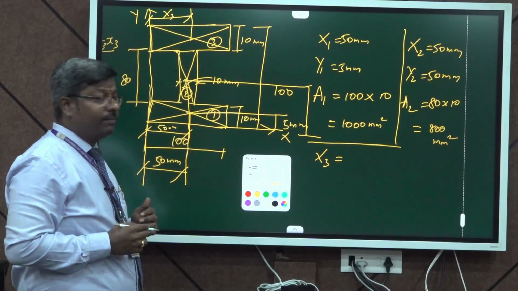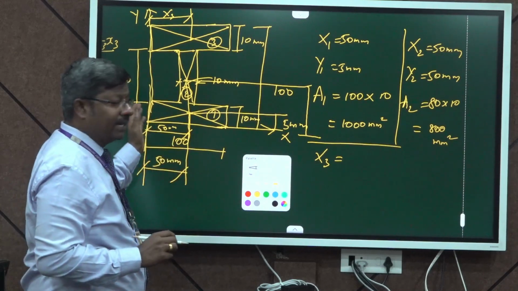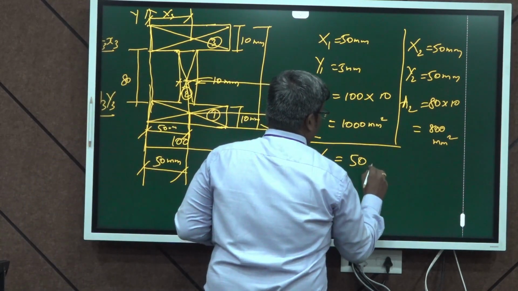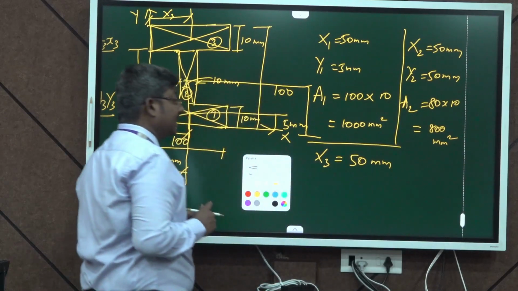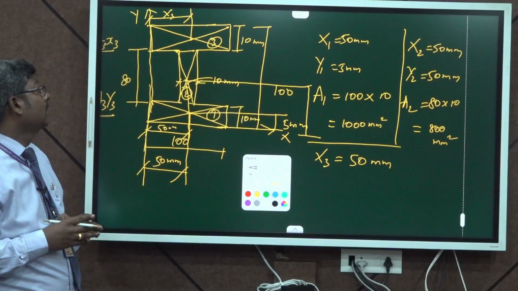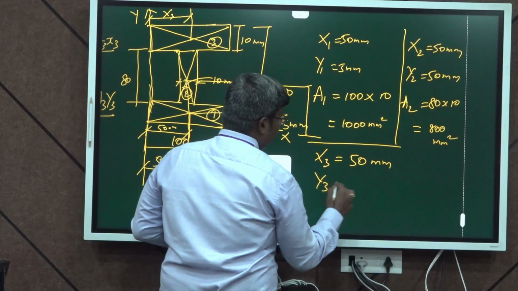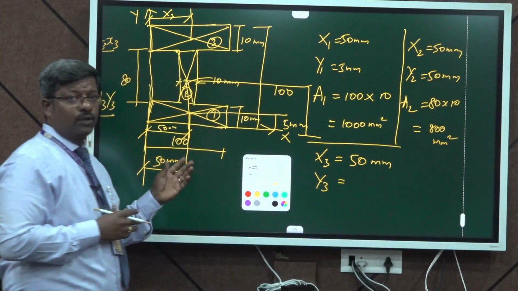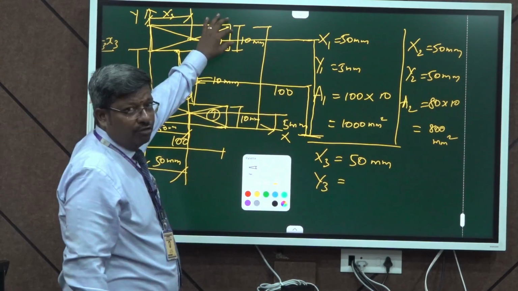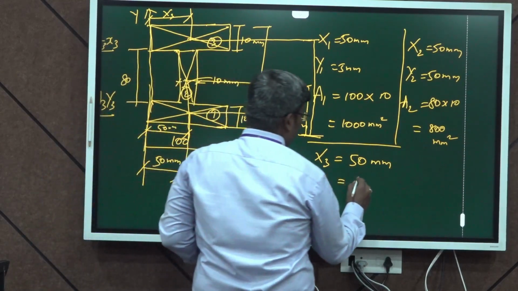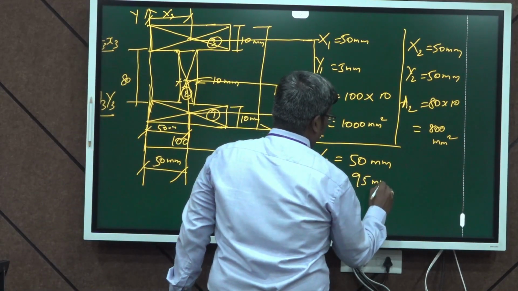The x3 value will be 100 divided by 2, that is the exact half of the value. So, x3 is 50 mm. Now, I am going to find out the value y3, that is the center of gravity of the third portion about the y axis. Subtracting 5 mm from the 100 mm, we get 95 mm as the y3 value.